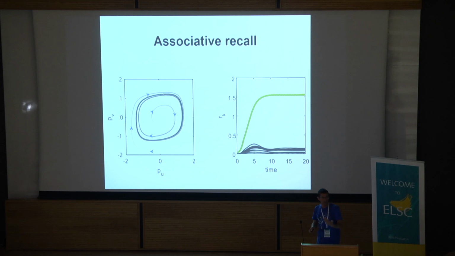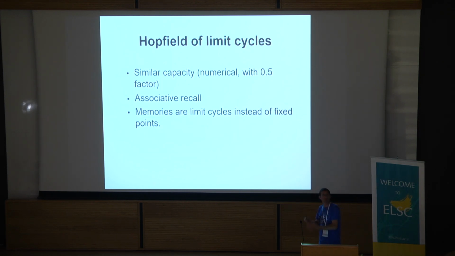It will complete the memory to the original one, but the dynamics will not be a fixed point, but an oscillation, a limit cycle. And again, we can have a Hopfield of limit cycles. So instead of many fixed points, we now have many limit cycles. Similar capacity, with a factor of 2 because now we have 2 vectors for every memory. But we have associative recall, and the memories are now limit cycles instead of fixed points.